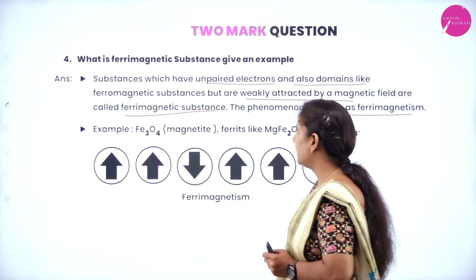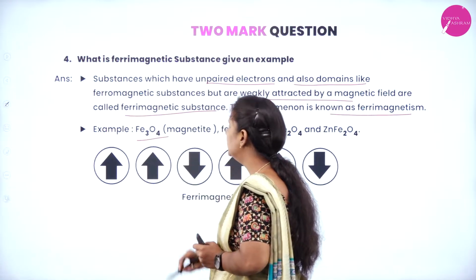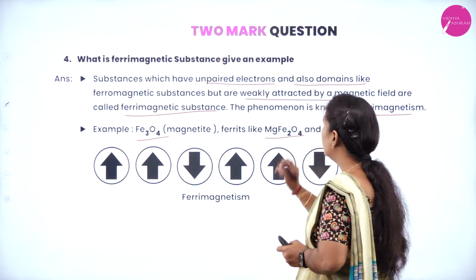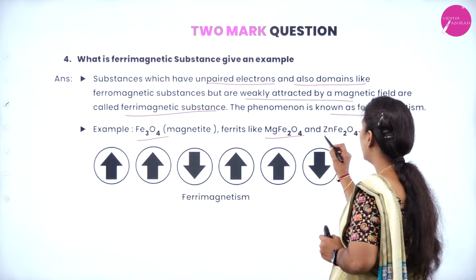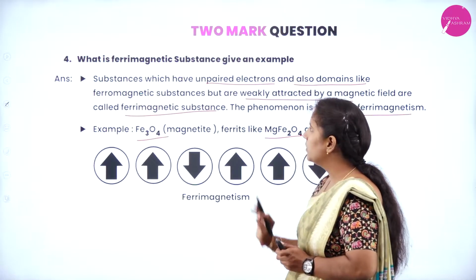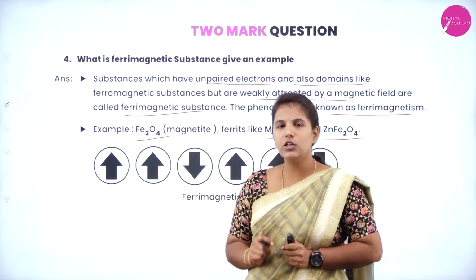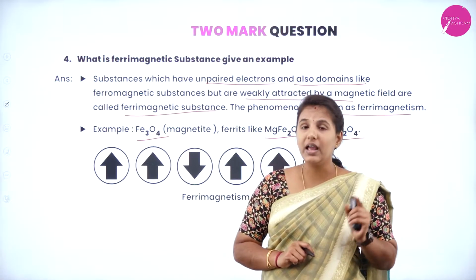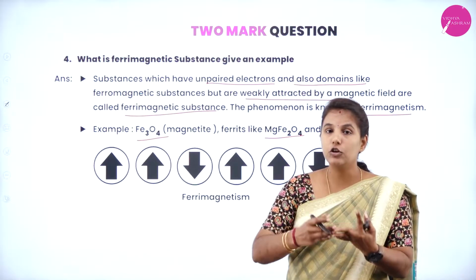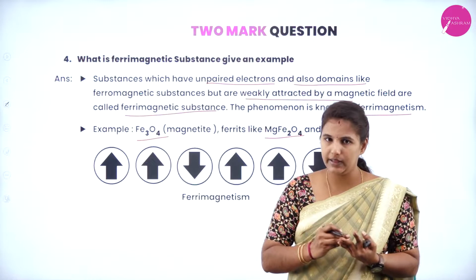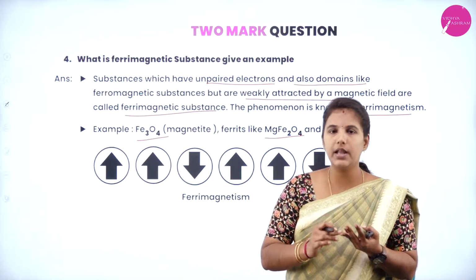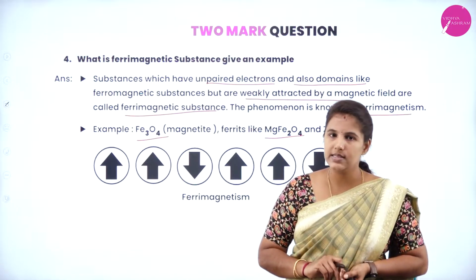Examples are magnetite, that is Fe3O4, and ferrites like MgFe2O4 and ZnFe2O4. So here you need to understand that in the 2 mark question, we can expect either a question on differences, or a question from magnetic properties, either on diamagnetic, paramagnetic, ferrimagnetic or ferromagnetic substances.